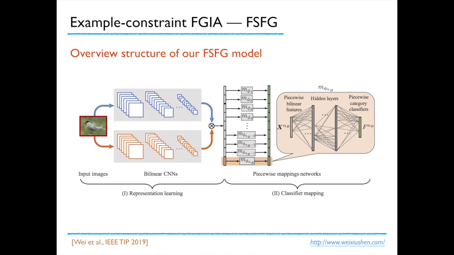It maps from the intermediate image features into the category classifiers. As aforementioned, the key novelty of our model is to mitigate the few-shot fine-grained problem with a piecewise mapping function in the classifier mapping module, which generates a decision boundary while learning a set of sub-classifiers in a much more parameter-economical way.